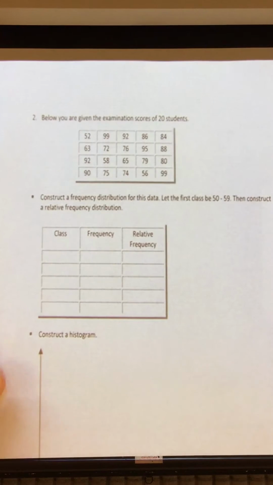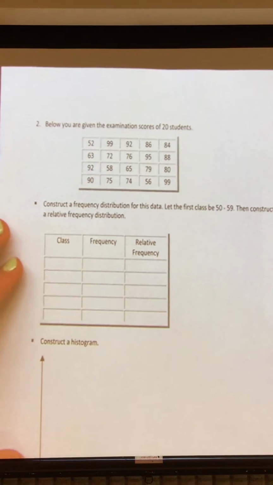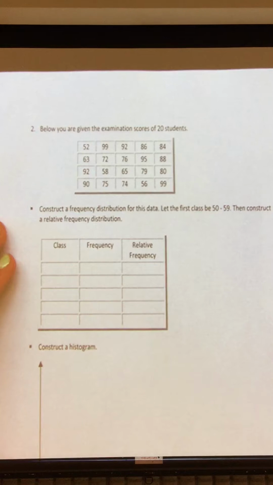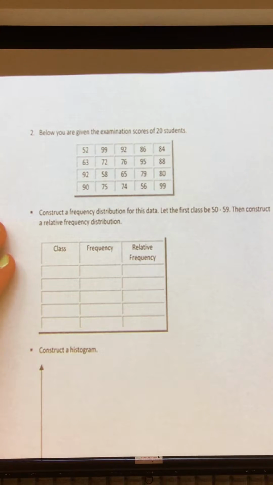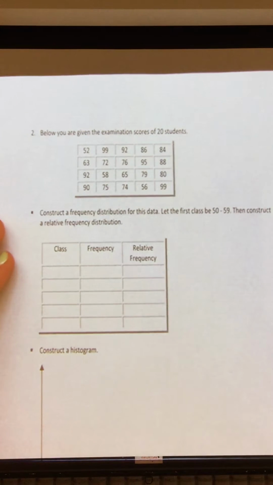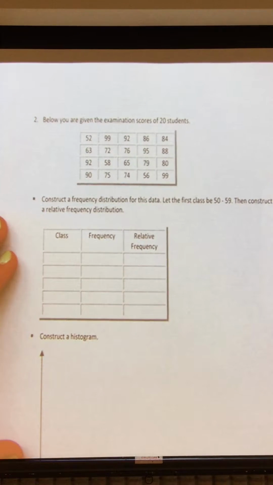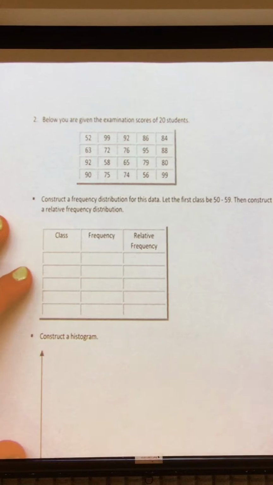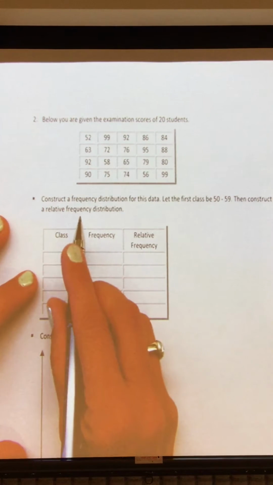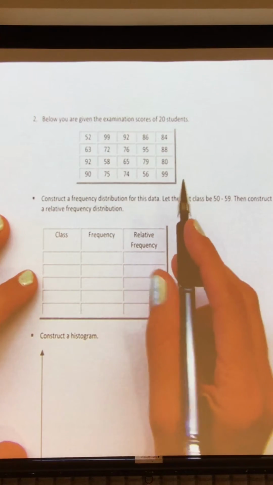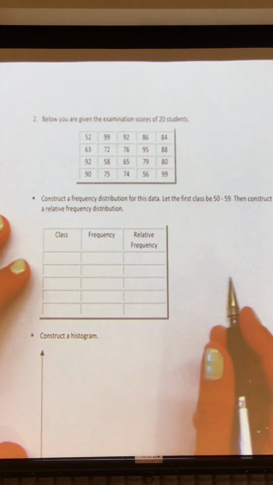Problem number 2. You are given 20 exam scores. Construct a frequency distribution for this data. Again, remember this data is quantitative data, therefore you are going to draw a histogram. So let's first construct our classes. Our lowest score is 52.